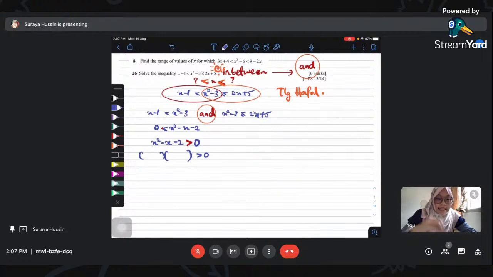Kita mesti sebut inequalities, because we are literally doing yang ada less than or equal, kan, yang ada more than ataupun more than or equal. Kita tak boleh sebut dia equation langsung pun. Kita kena sebut dia inequality sahaja. Okay. So make sure you understand that. You must be good in the terms also.